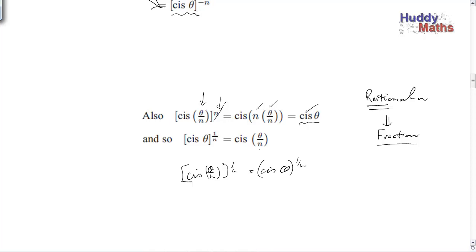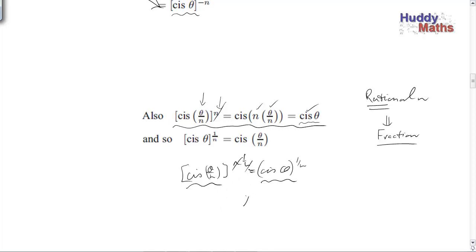So if you want to raise this to the 1 on n, oops, so that's to the n. Okay, so here if you want to raise this to the 1 on n, you have to raise this to the 1 on n, and it comes to cis theta on n. So because of this relationship, that coming to cis theta, going backwards, cis theta to the 1 on n comes to cis of theta on n.